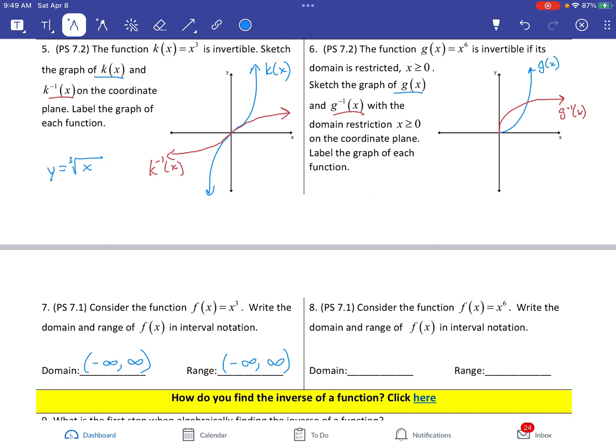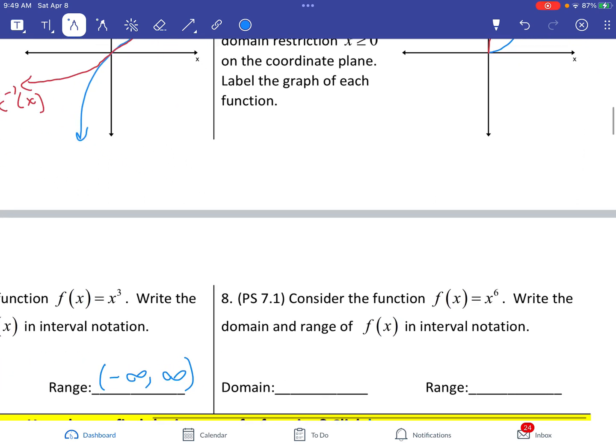All right, consider the function f of x equals x to the 6. Now, it doesn't talk about domain restrictions in this particular case, in number 8, so I'm not going to use the same for the one that's been domain restricted above. Okay, so x to the 6, without domain restrictions, and since that's not listed in this problem, we're not going to have them, looks like this, with your x and your y-axis.